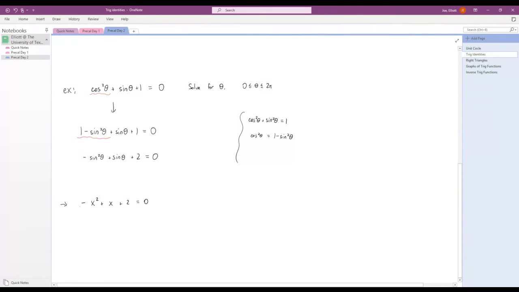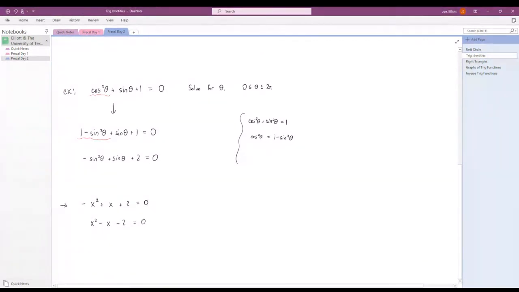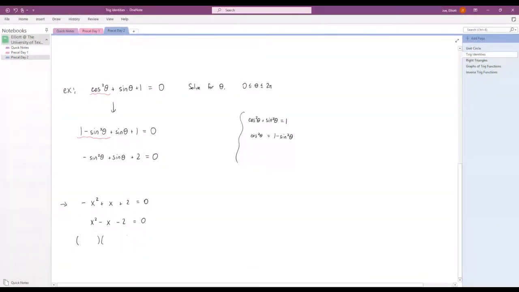Personally, the minus in front of the x squared bothers me, so maybe what I would do first is multiply both sides by -1. It's not necessary, just a personal preference. And then here, can we factor this quadratic?